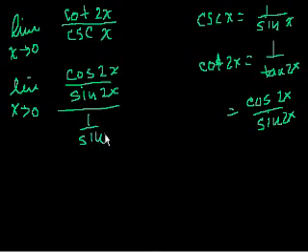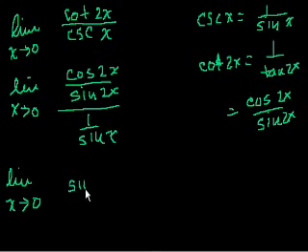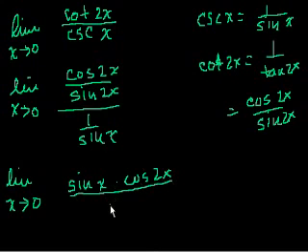If you divide by 1 over sine of x, that's the same thing as multiplying by sine of x. So we have sine of x times cosine of 2x, all of that divided by sine of 2x.